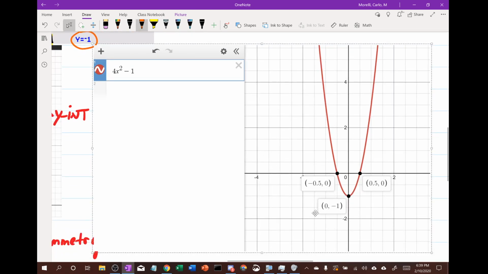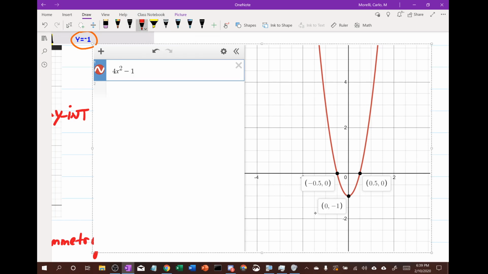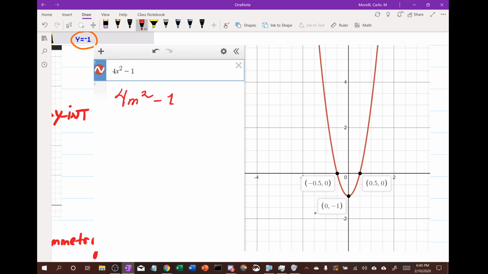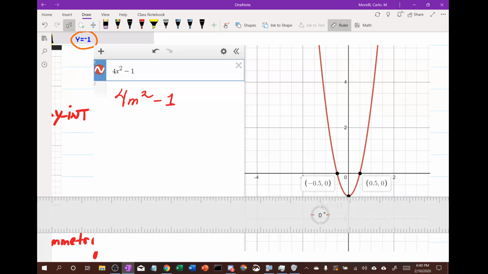Okay, so here's this one here. When the video catches up, we've got 4x squared minus 1 graphed. And I'm going to do some surgery on this.